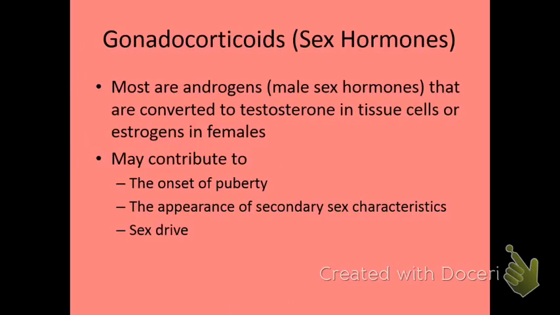Gonadotropic corticotropic hormones, corticoids. Most of them are androgens. These are the male sex hormones. They convert them in tissues or cells, or estrogen in the females. So testosterone is much more elevated in males than it is in females, but both males and females have these hormones.